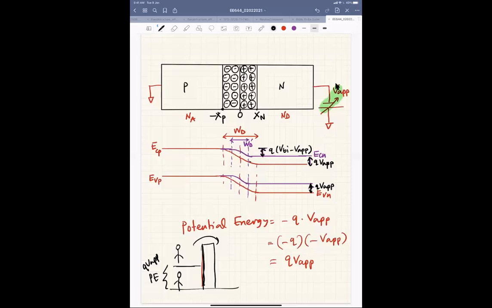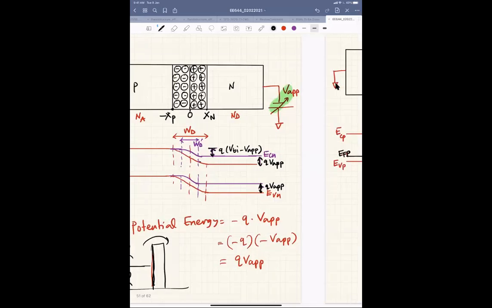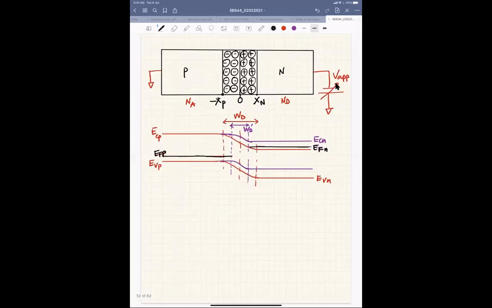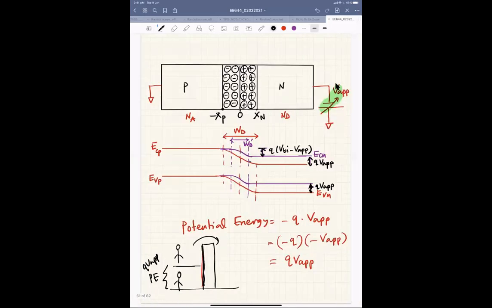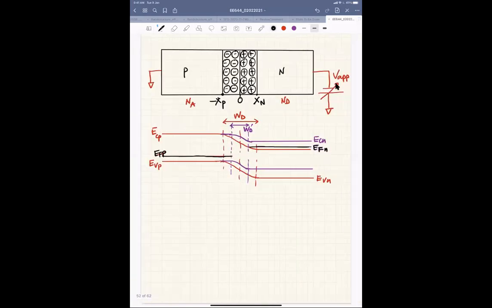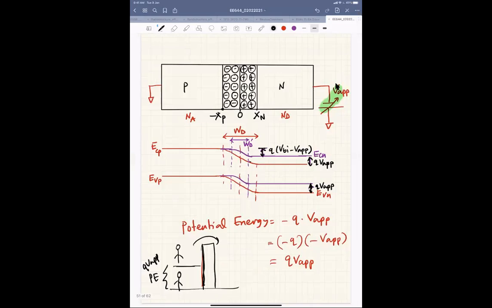Okay. So now, if I do the same here, I have to draw the quasi Fermi levels. Now your PN junction is in non-equilibrium condition, because since you are forward biased, you are injecting electrons from N to P side, right?